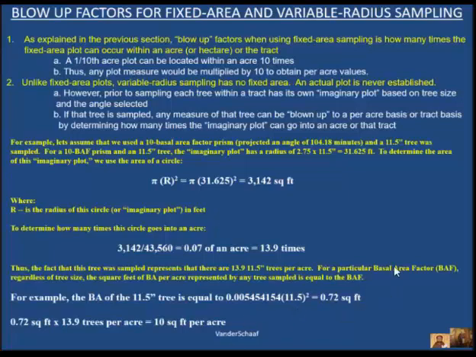So that kind of reverses the bias, the probability of sampling larger trees. You would think it would be biased, right? That you would maybe overestimate basal area or volume. But the fact is that it kind of reverses it because you have smaller expansion factors for larger trees.